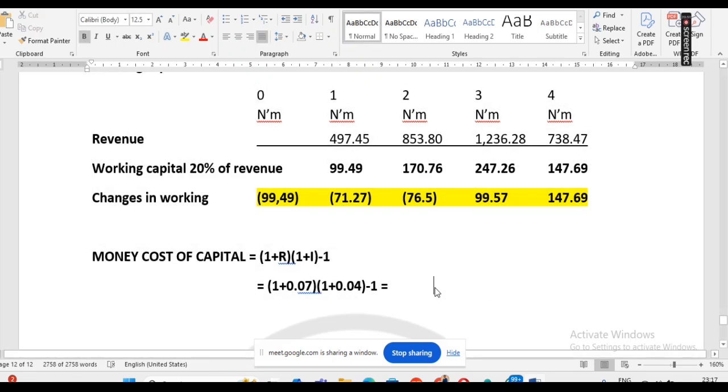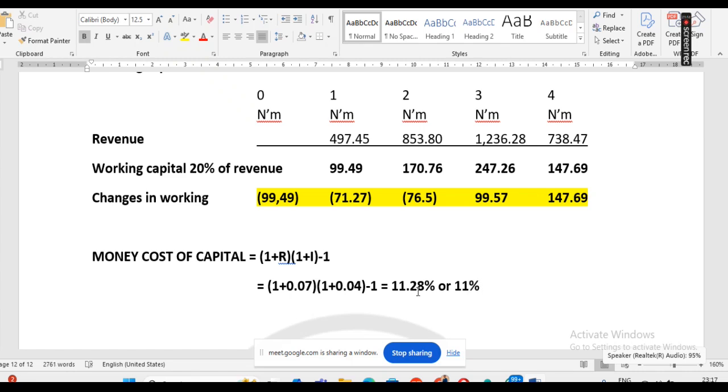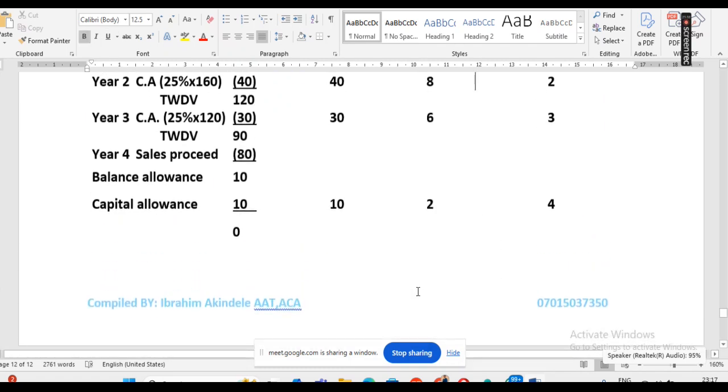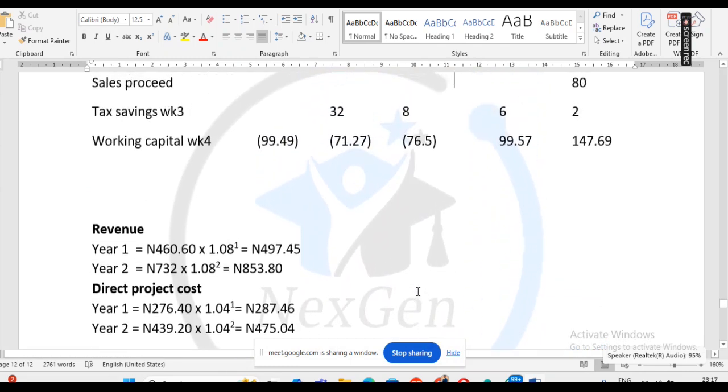Yes, 11.28, approximately 11%. So ICAN may decide to lock that question by removing the nominal rate, so it is left for you to convert to money cost of capital. Quickly, I think we are done with this case.